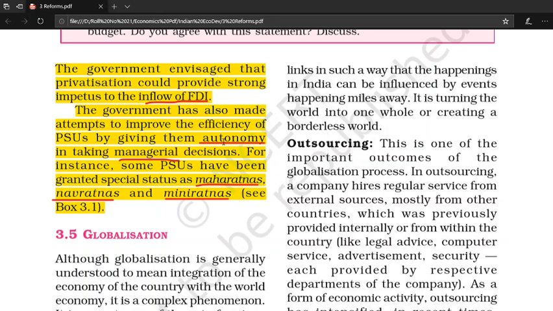The private sector performs better than the public sector. So seeing that, they follow the model of private companies in the public sector.